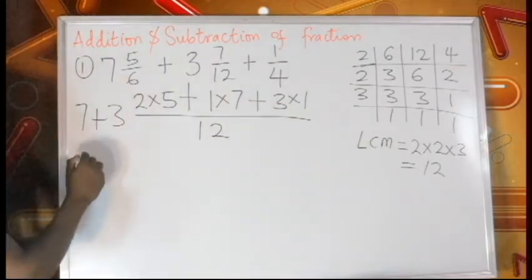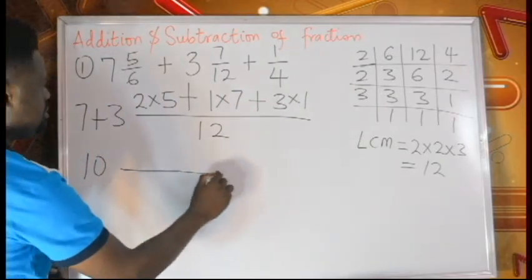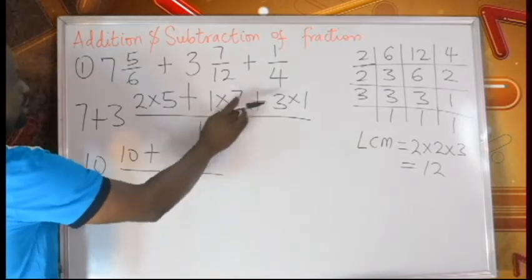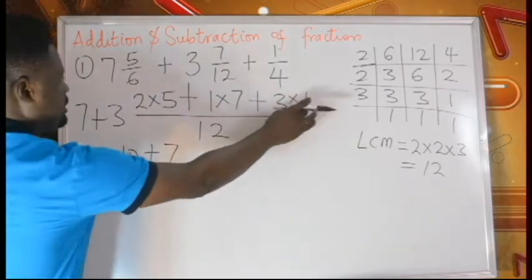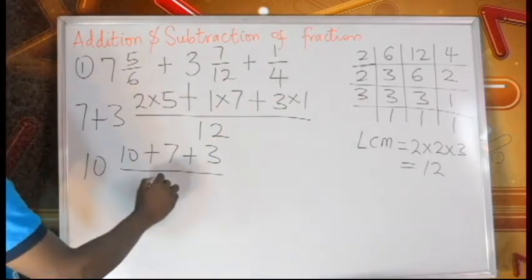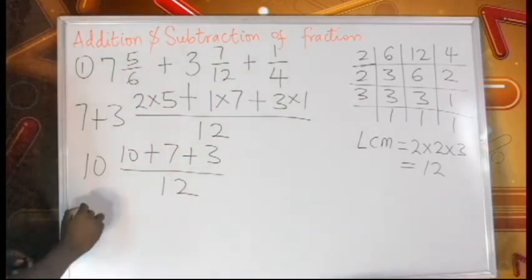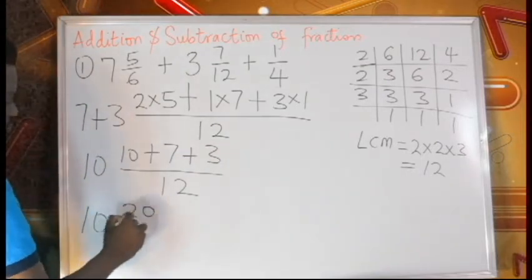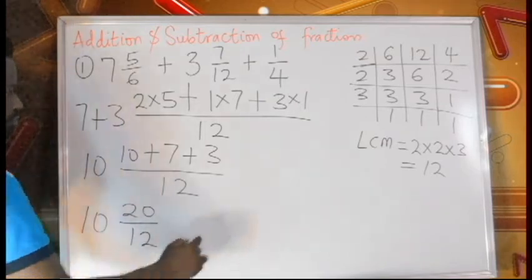7 plus 3 is 10. 2 times 5, 10, plus 1 times 7, 7, plus 3 times 1, 3. So over 12, your 10 whole number, this plus this will give us 20 over 12.